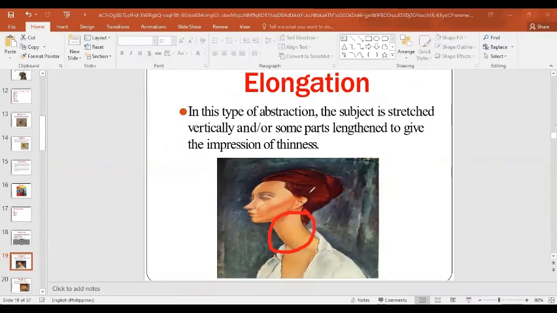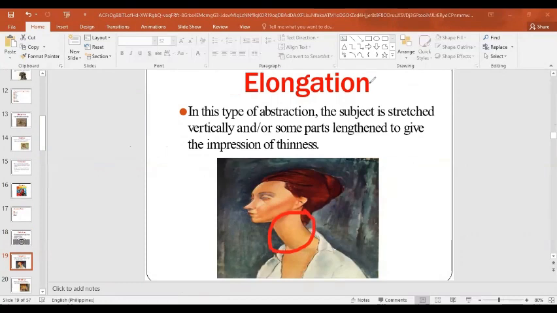Pag elongation, ang pinaka-focal point dito ay yung mismong pinapahaba natin. No, ini-stretch natin yung part na yon ng human body or even for animals, no? Example, pinapahaba yung nose or even yung legs.